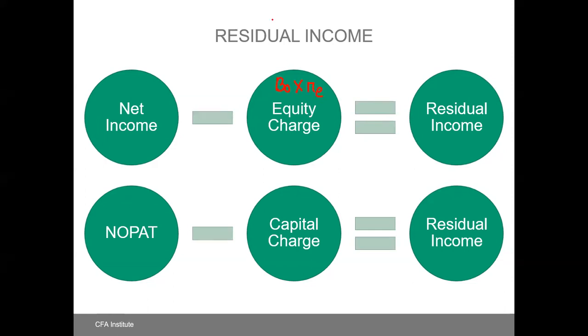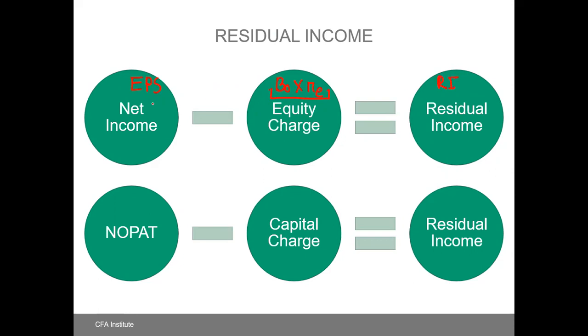You know very well, r_e indicates the cost of equity. So you measure the cost of equity in dollar terms in this way, and you subtract it from EPS. From EPS, then you get the residual income per share.